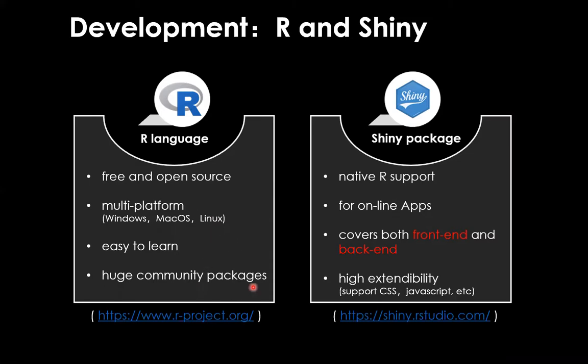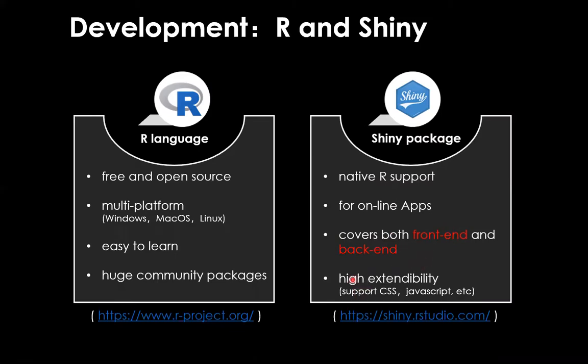And among all these packages, we chose a specific package called Shiny, which is a package for developing web-based applications in R. It natively supports R, and it also supports the development of the front end and the back end of the web-based application.